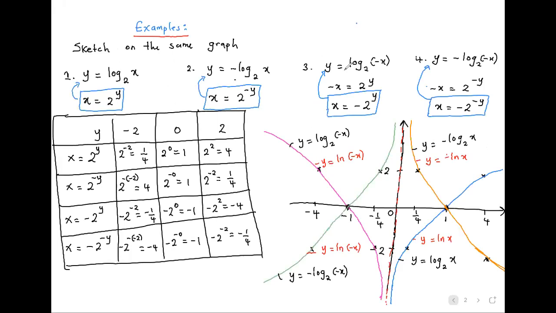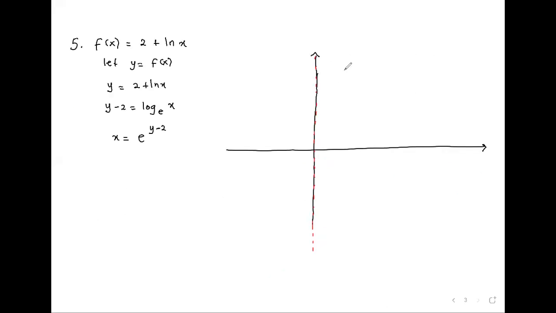But this time around, when y is 0, we'll have x is equal to e to the power negative 2. So we are getting 1 over e squared. So we'll cross the x-axis at 1 over e squared, when y is 0.